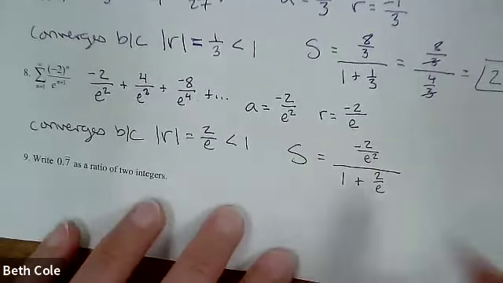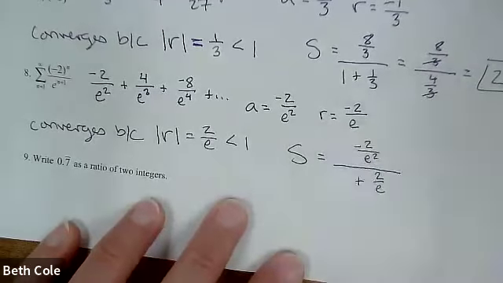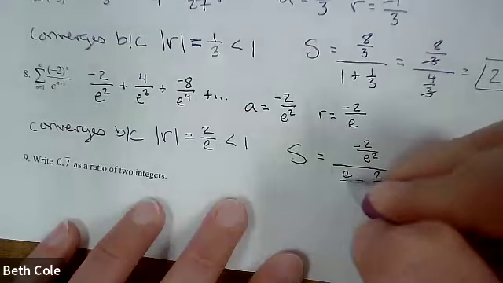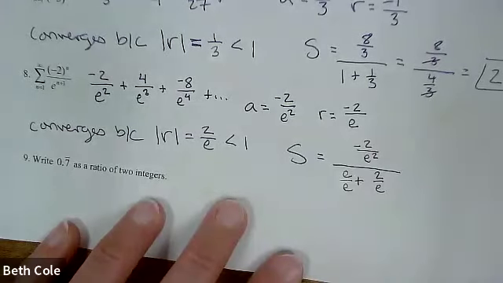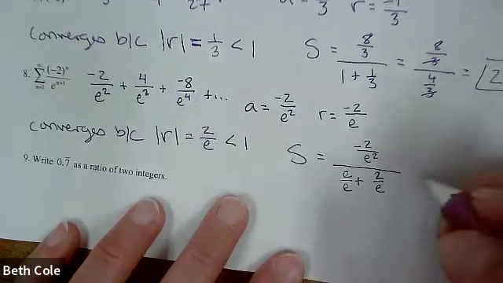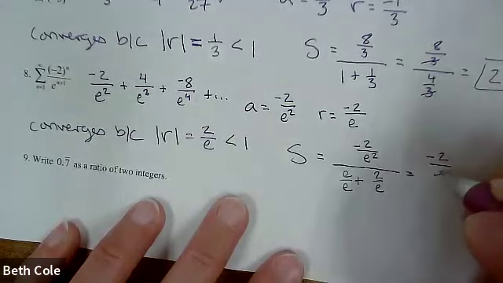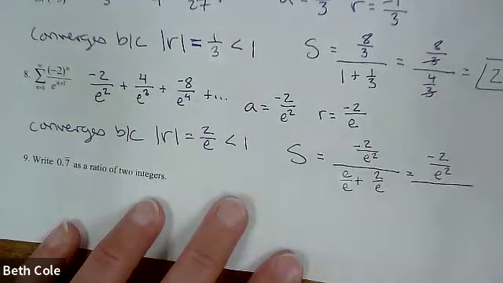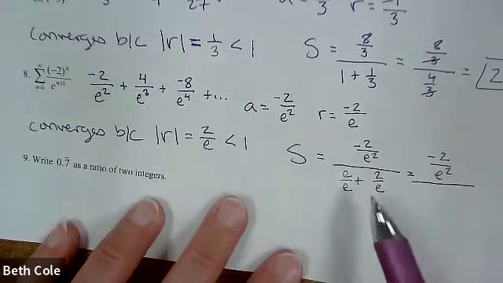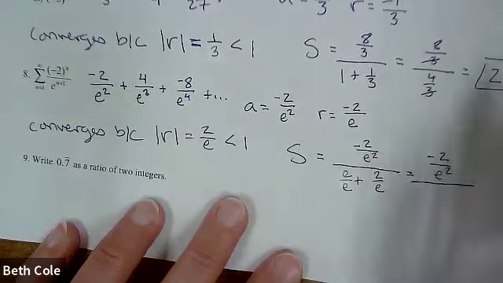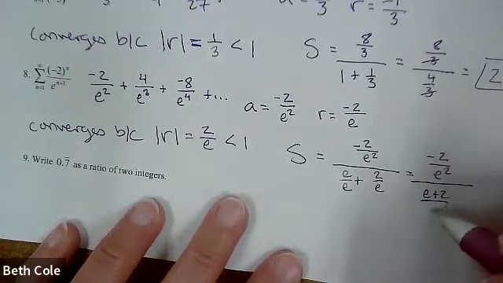I would think of this 1 as e over e, so that I can get a common denominator. So it's going to be negative 2 over e squared over e plus 2 over e.